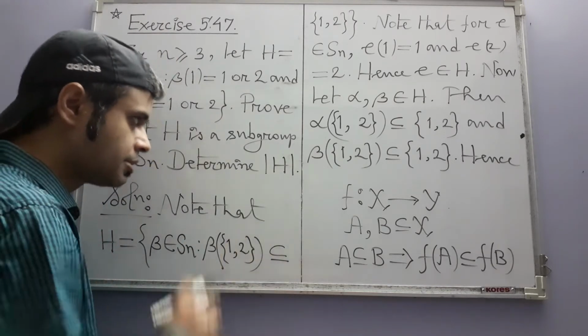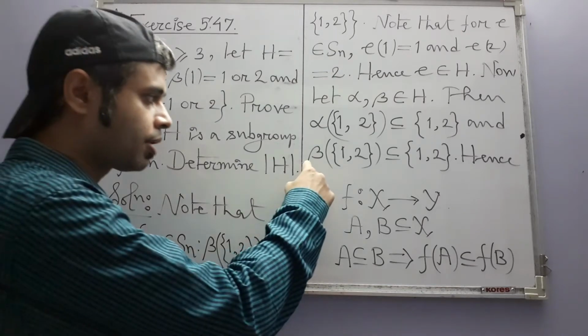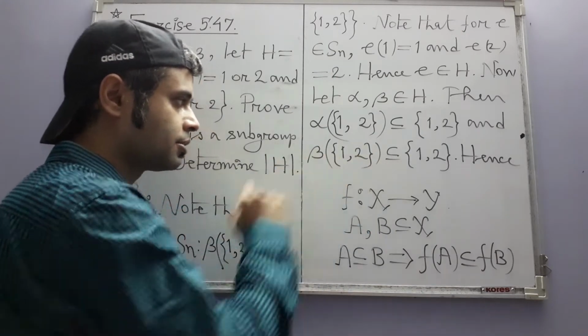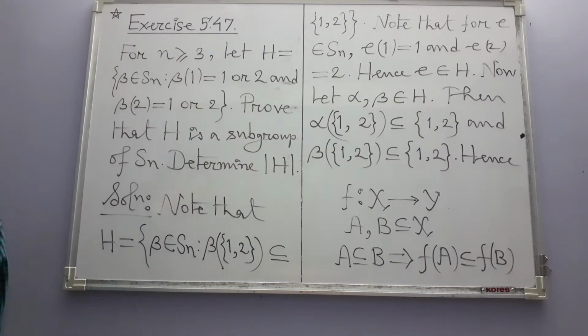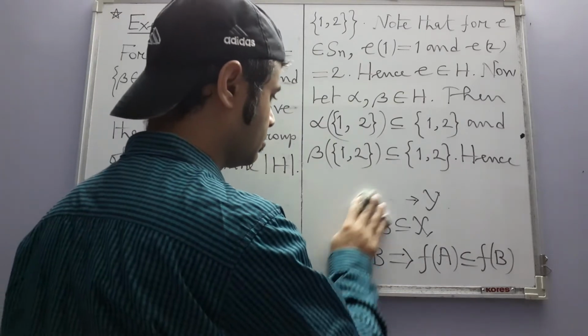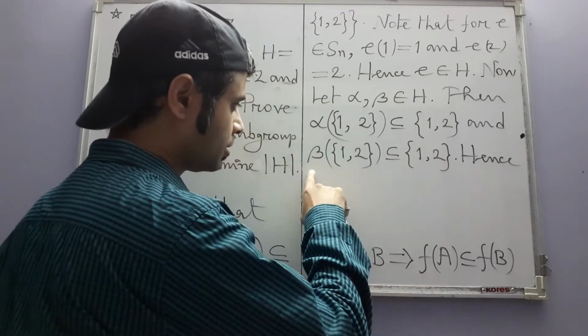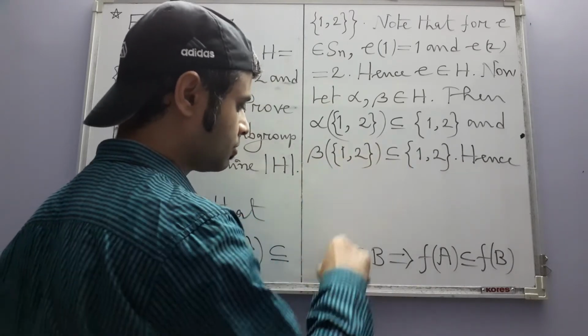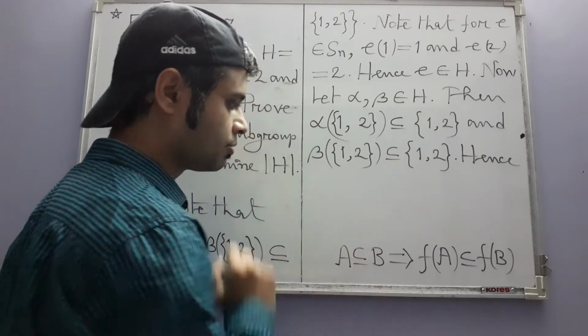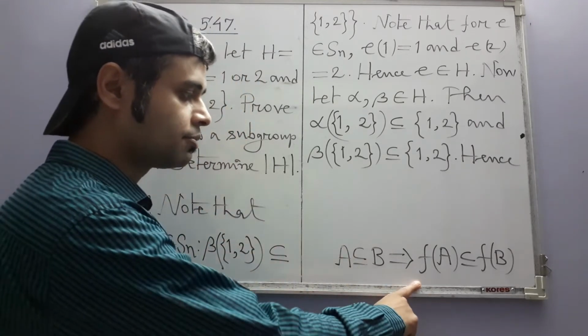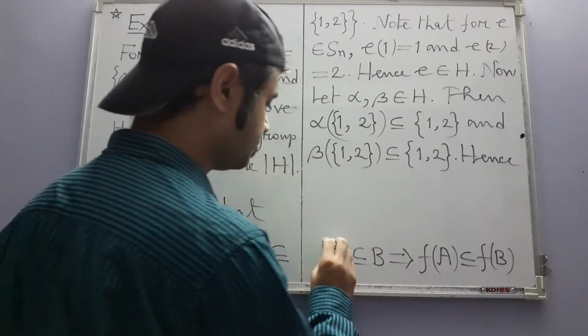So because of this thing, we can now apply alpha on both sides of this inclusion. That is, you think of beta of 1, 2 in place of A and 1, 2 in place of B, and in place of f you think of alpha.